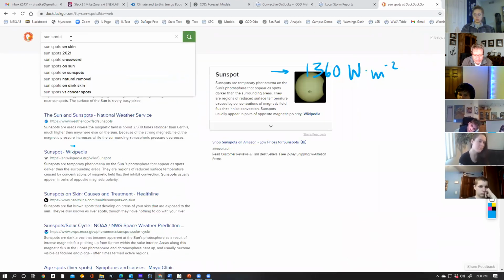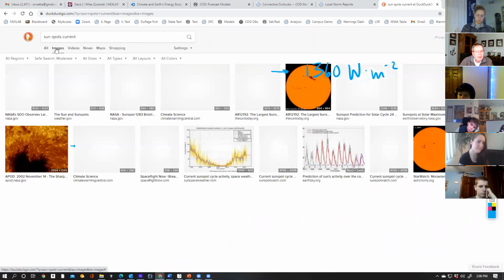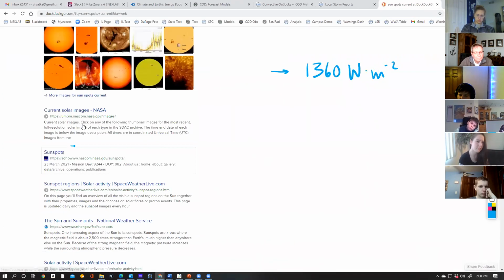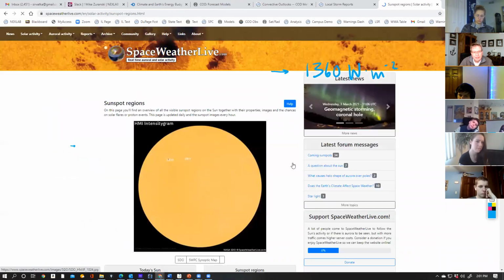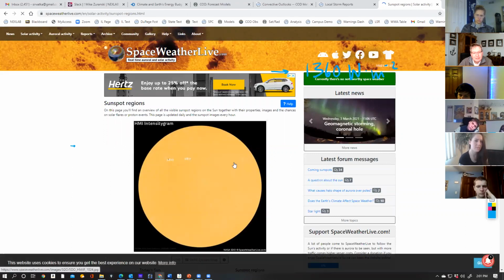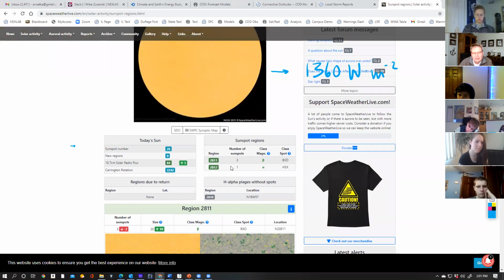Current. Maybe space weather. Yeah, there we go. Do we have a lot of sunspots? Two little ones. Doesn't look really sunspotty.